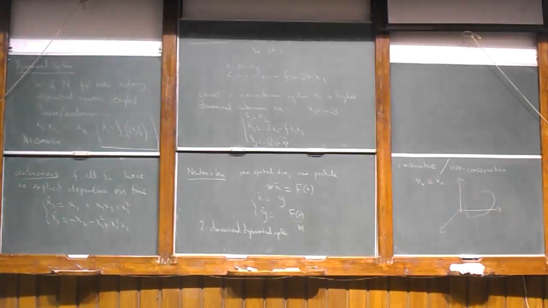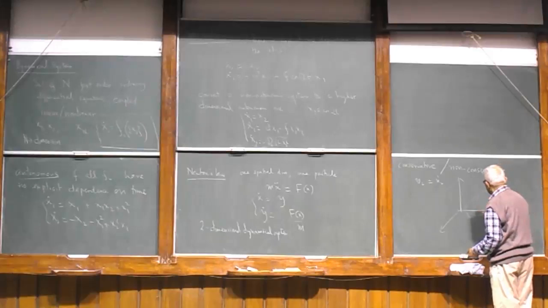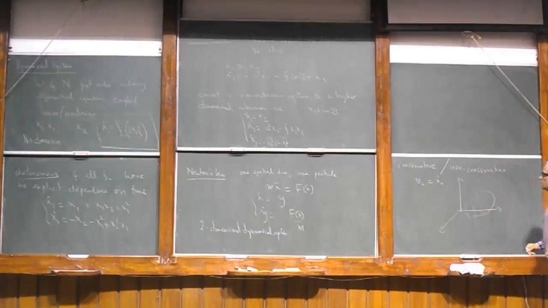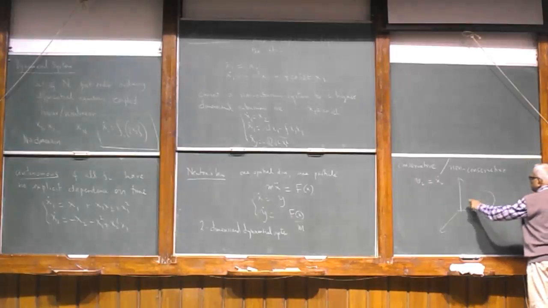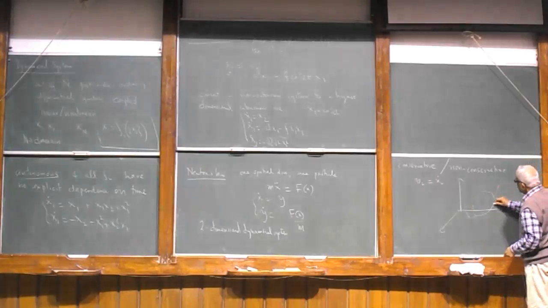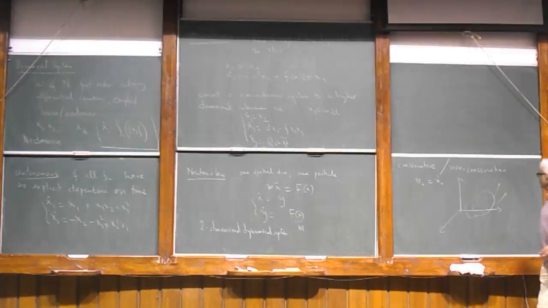Imagine that this is an n-dimensional space. I've given you these n initial points, and you are supposed to track the evolution of these n points in time. So, what's conservative?